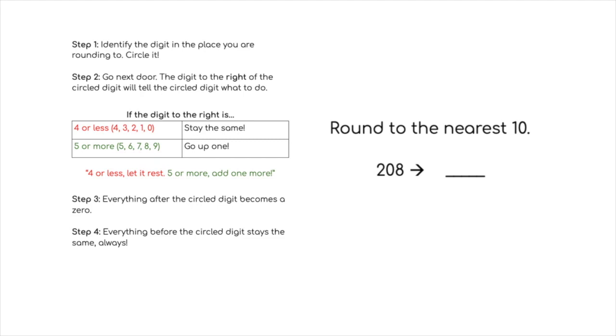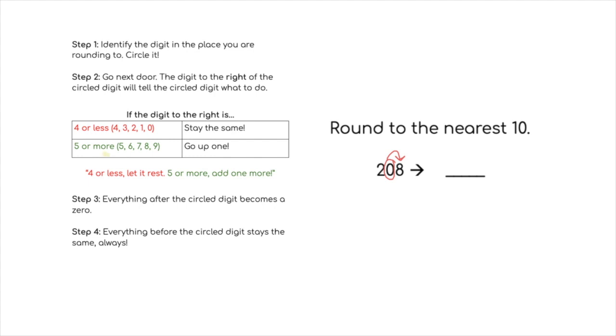Now let's learn how to round 3-digit numbers to the nearest 10. We added step 4 onto the rules here, and as I go through the example, you will see how to do step 4. So the first thing we need to do for step 1 is identify the digit. So we are rounding to the nearest 10, so we will circle the tens place. The 0 is in the tens place. Step 2 tells us to look next door to the right. Make sure you are looking to the right. And we have an 8.